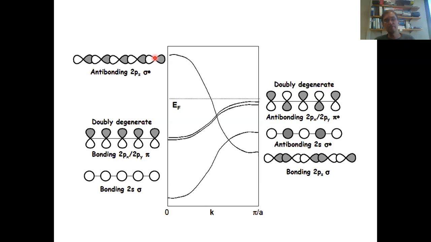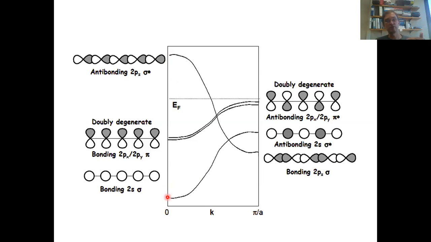And the same can also happen with bands. So the 2pz band can interact with the 2s band, and the interaction is stronger the closer the crystal orbitals become in energy. That means that, for instance, this crystal orbital here and that crystal orbital over there, because of the large energy gap, hardly interact with each other, just like atomic orbitals with very different energies do not interact.